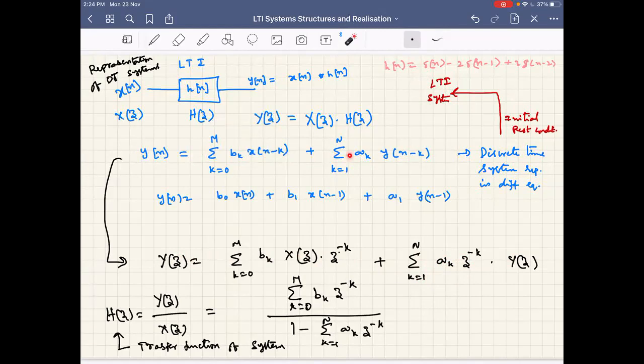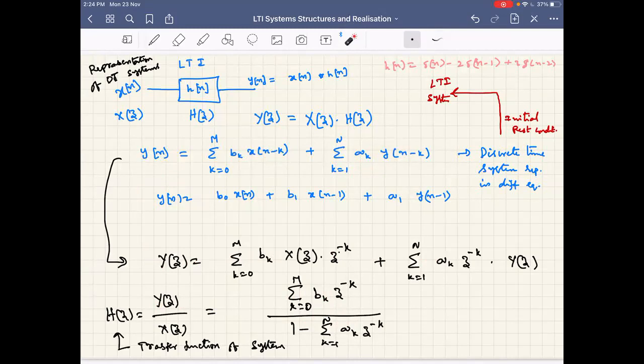Okay, so let us see, given this general description of the system where there are m plus 1 components here and n components here, how do we realize such a system? This is the corresponding transfer function of the system, as you can see, which is obtained through taking Z transform for the general form.